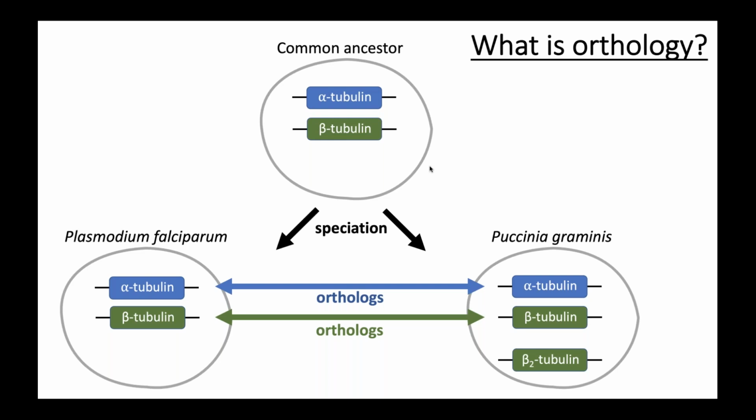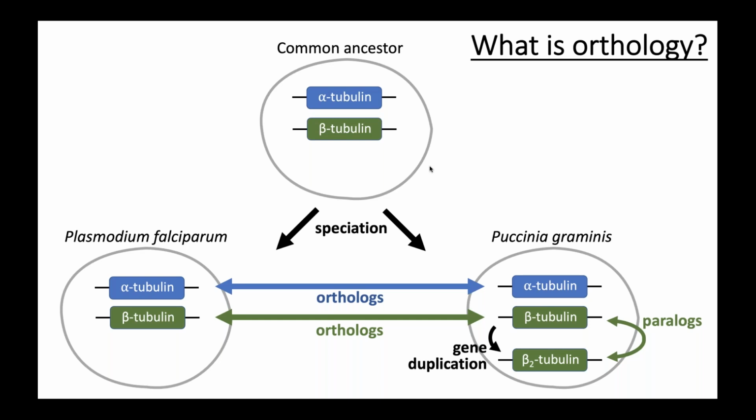What if there's a beta 2 tubulin as well in Puccinia graminis? So another version of beta tubulin, another copy. These are considered paralogs, and I'm going to talk about what a paralog is. These are formed by gene duplication. So not speciation; this is separate from speciation.